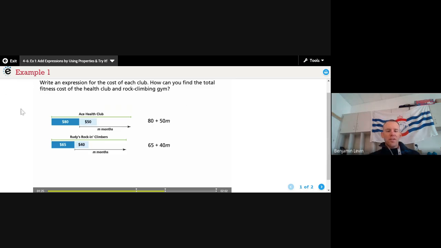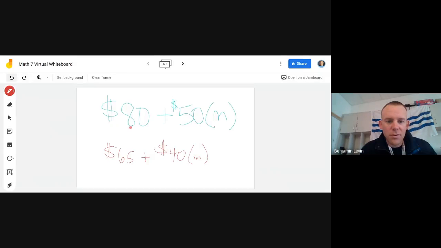All right, so now it wants us to write an expression for her total cost. How much money in total is she going to spend joining these two facilities? Well, to do that, we really just need to combine like terms, right? 80 and 65 are like terms.